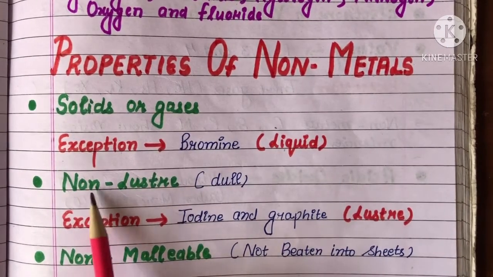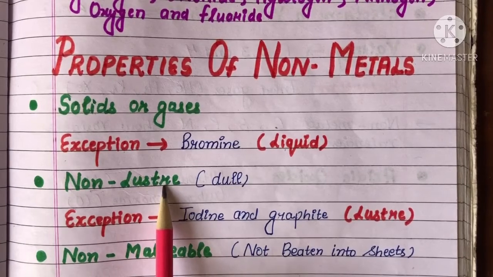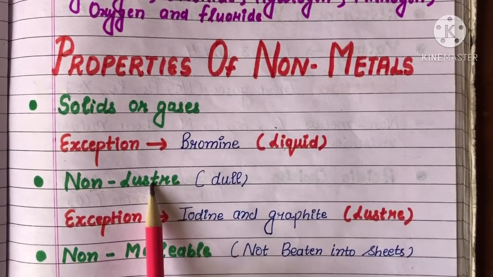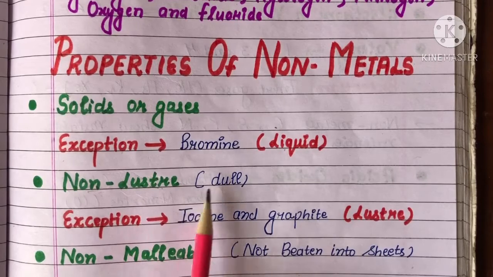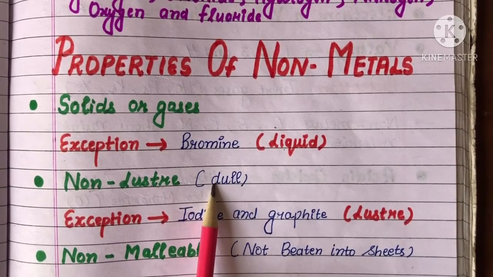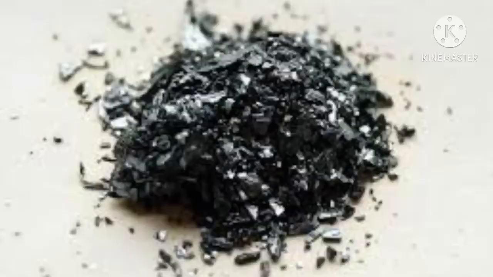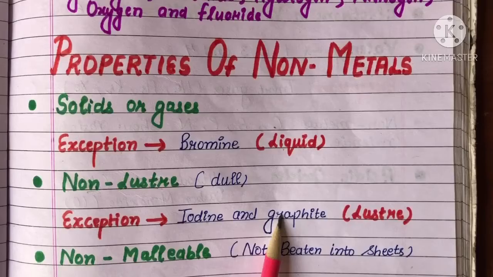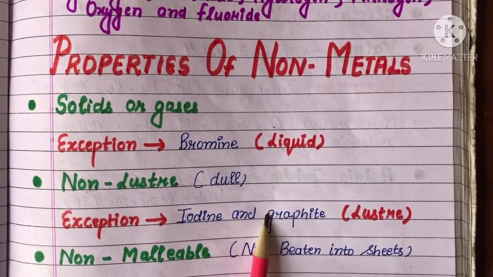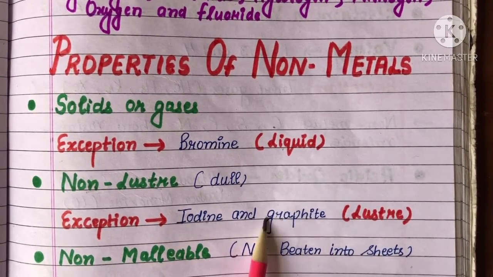Next one is non-lustrous. You know that luster means shine. So non-lustrous means dull. So non-metals appear dull, but there is an exception, that is iodine and graphite. These are non-metals, but they show shine, or you can say that these are lustrous in nature.